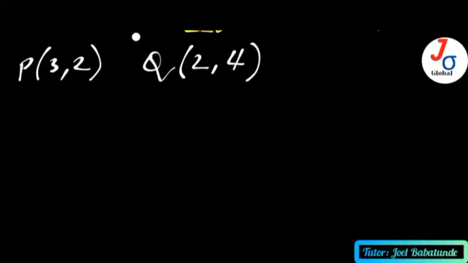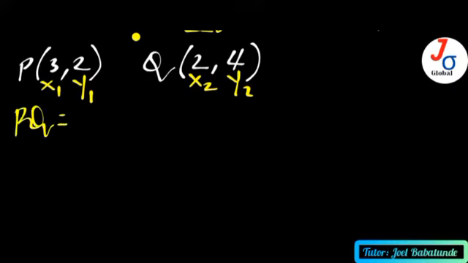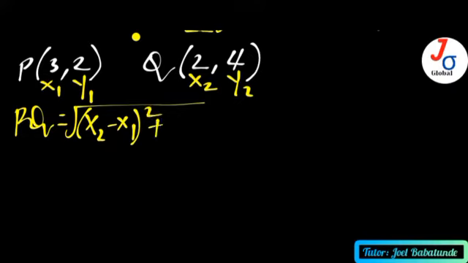Now, to do this, we're going to label this x1, y1, x2, y2. Make sure x comes before y. And remember that formula that says that PQ is equal to square root of x2 minus x1 squared plus y2 minus y1 squared.